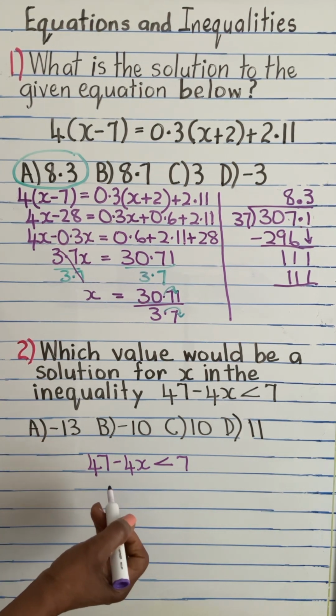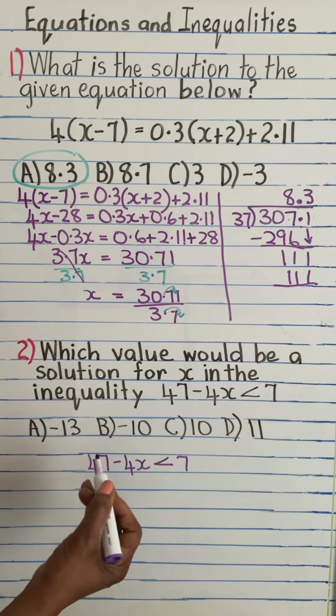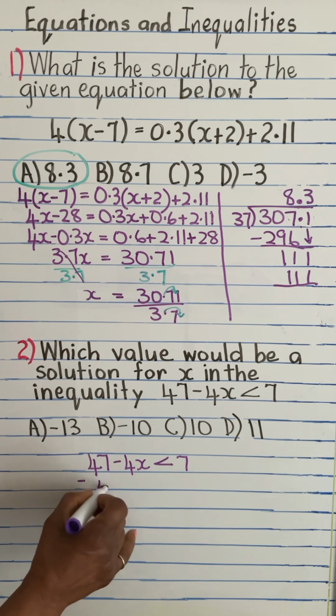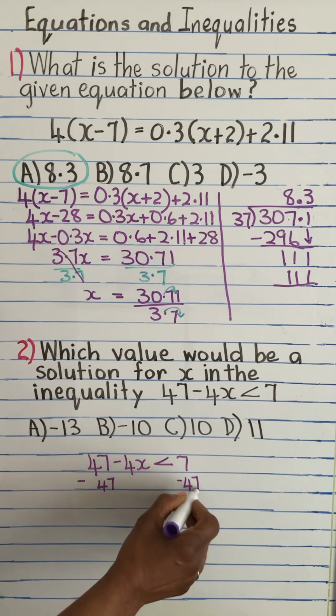Simplify. We're going to subtract 47 from both sides.